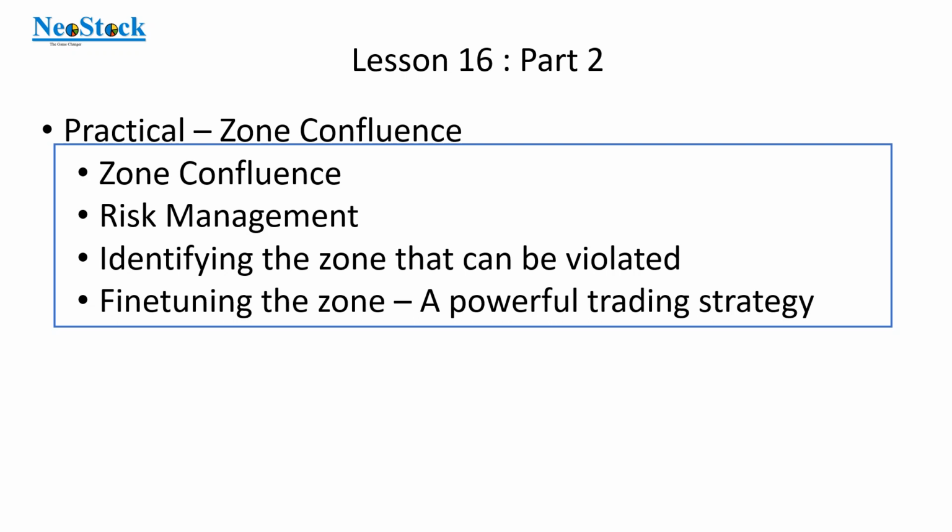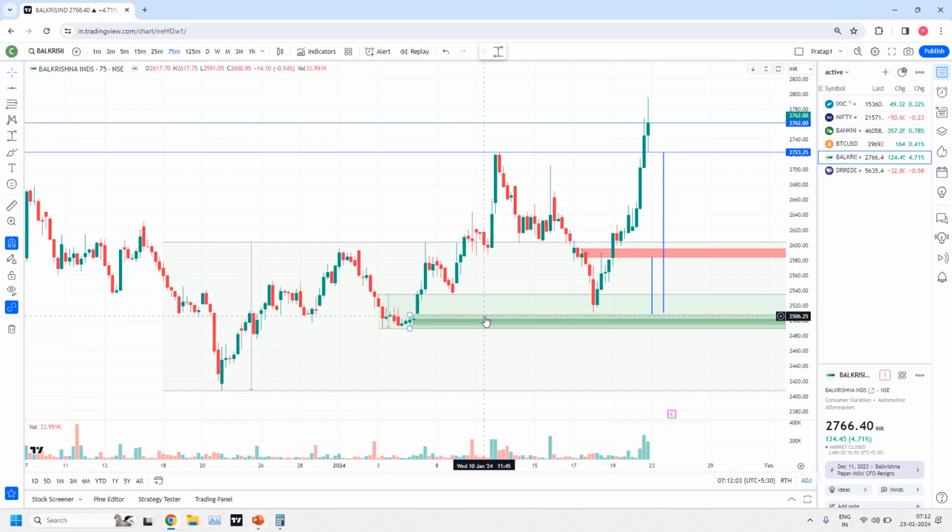Hope you now have better clarity about zone confluence and its advantages, and that you have really experienced its power, because getting 50% profit in just 3 days is not a joke. Your investment is 1.5 lakh, that is one futures margin, but your profit is 50% of that.